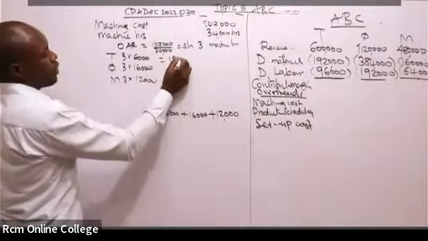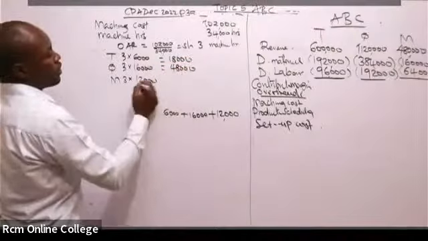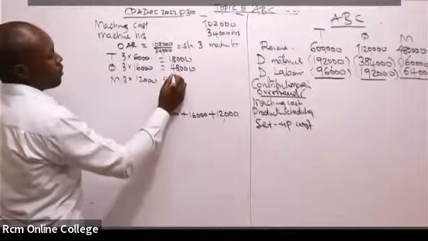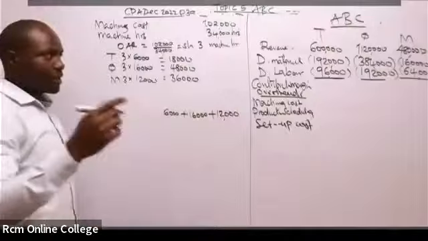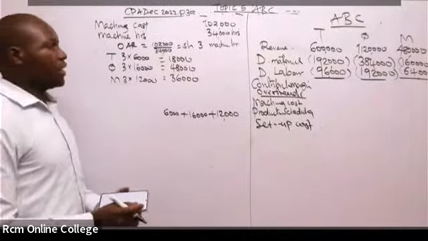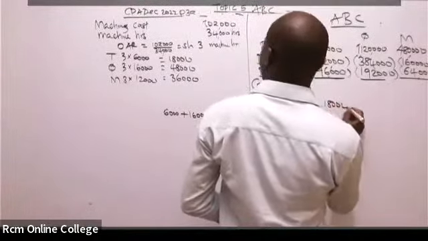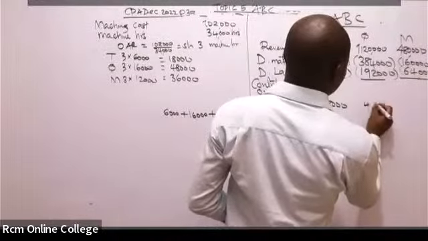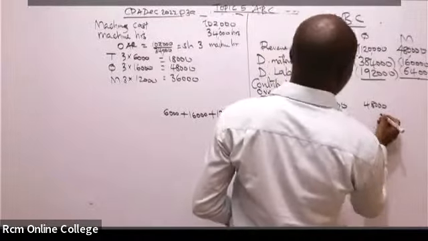That will be 18,000, 48,000, and 36,000. If you add all of them, you must get 102,000. If you're not getting 102,000, your workings are wrong.